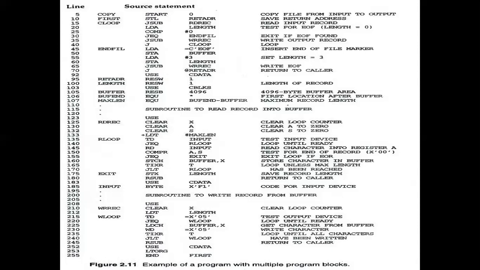Now we are starting one block using the use statement, and that block name is C data. Again we are moving, and there again we have created one new block. In this way, using the use statement, wherever use is there, that means we are putting that code into one block.